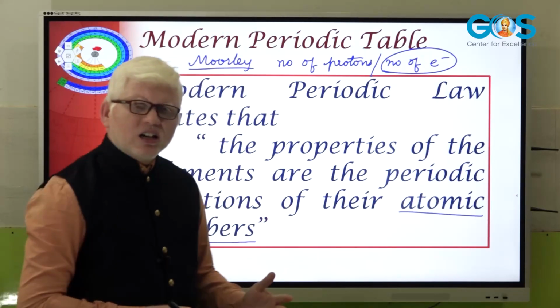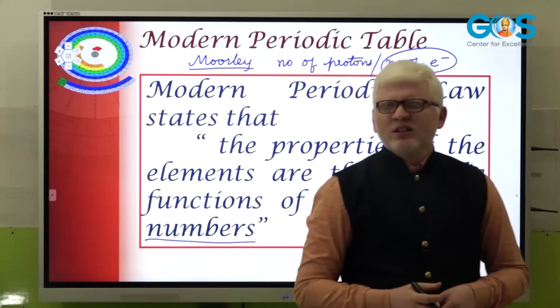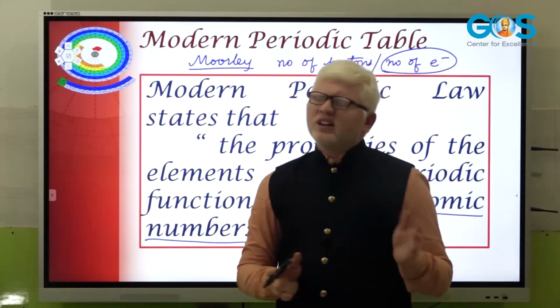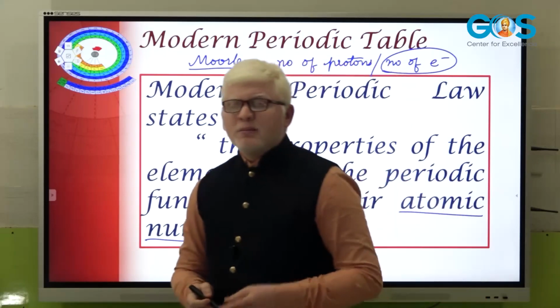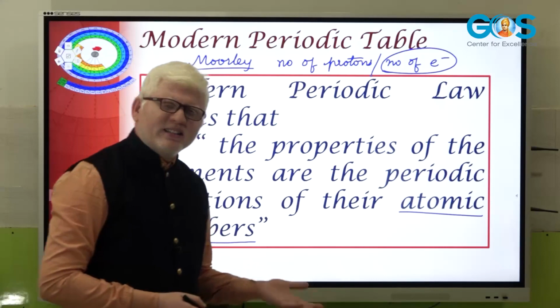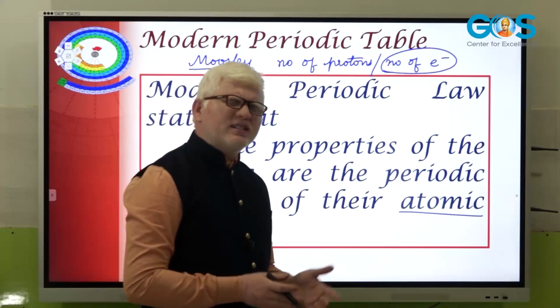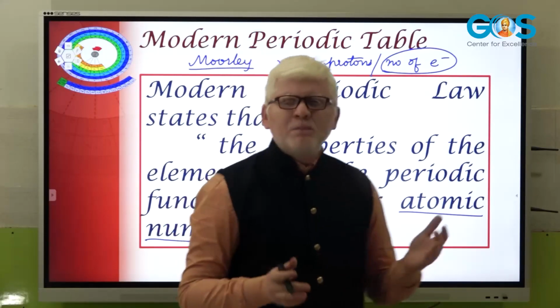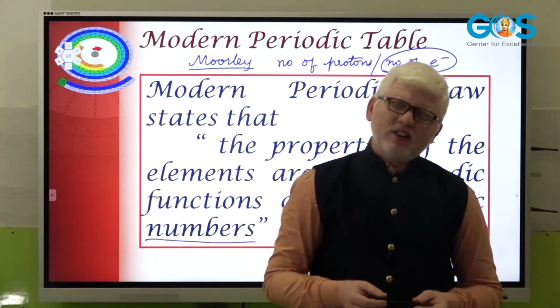With the electronic configuration we will get the valency electronic configuration. Valency electronic configuration is responsible for all the properties of an element. Means indirectly atomic number decides the properties of an element. Atomic weight doesn't have any sort of importance in deciding the properties of elements.